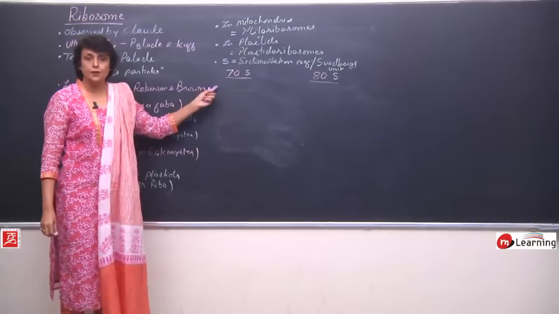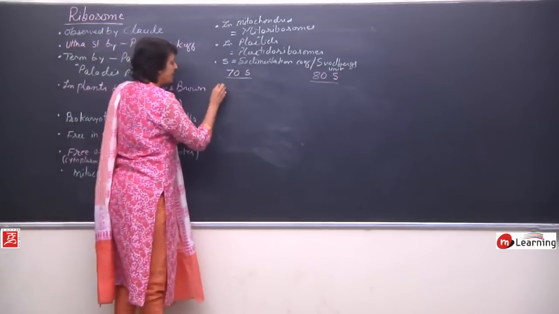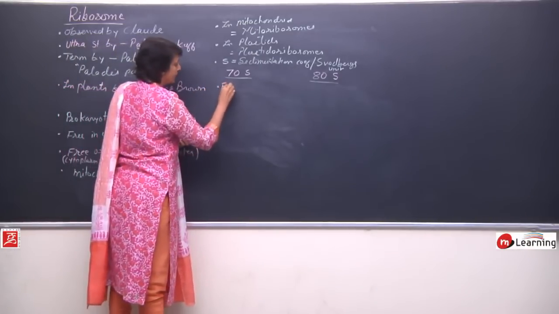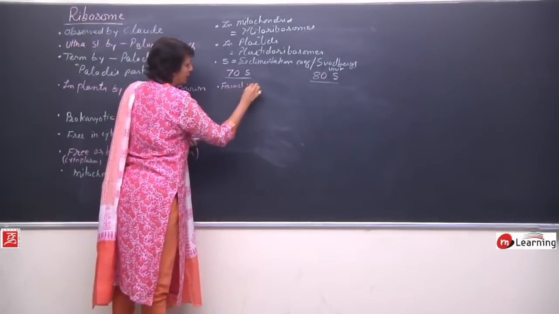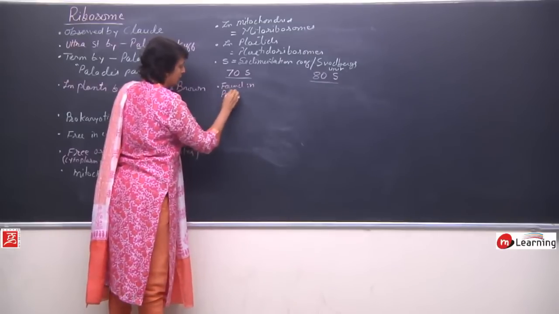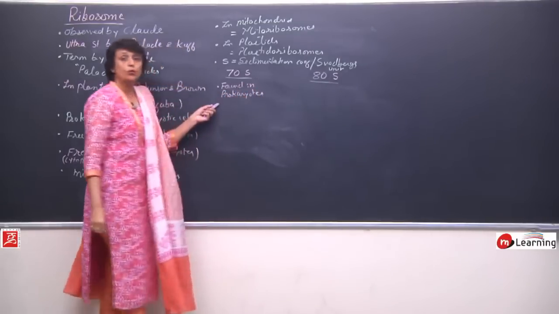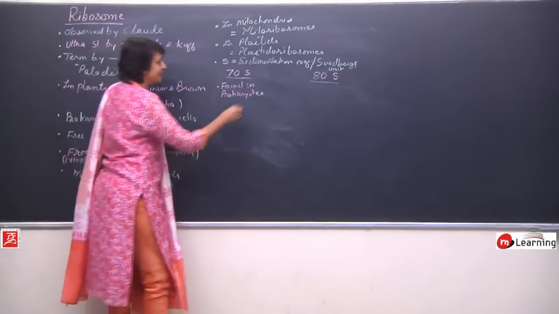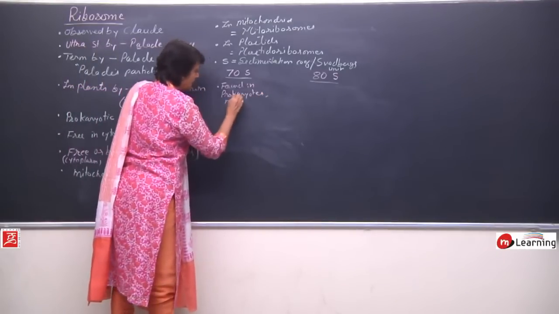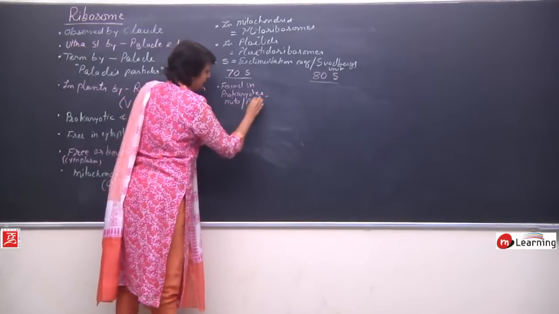Now let us see the differences between these two. 70S are found in prokaryotes and eukaryotic organelles, that is mitochondria and plastids.